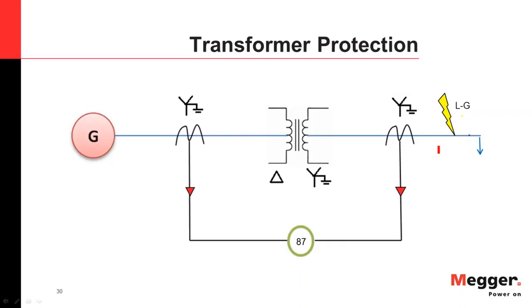In case of a line to ground fault, I would not want my transformer to trip because it's an external fault. It's not a fault which just happened in this zone. So I don't want my transformer to trip. But with this winding configuration, you will see that the transformer can trip. It will be tripping in case of high magnitude line to ground faults externally. How? Let me show you.